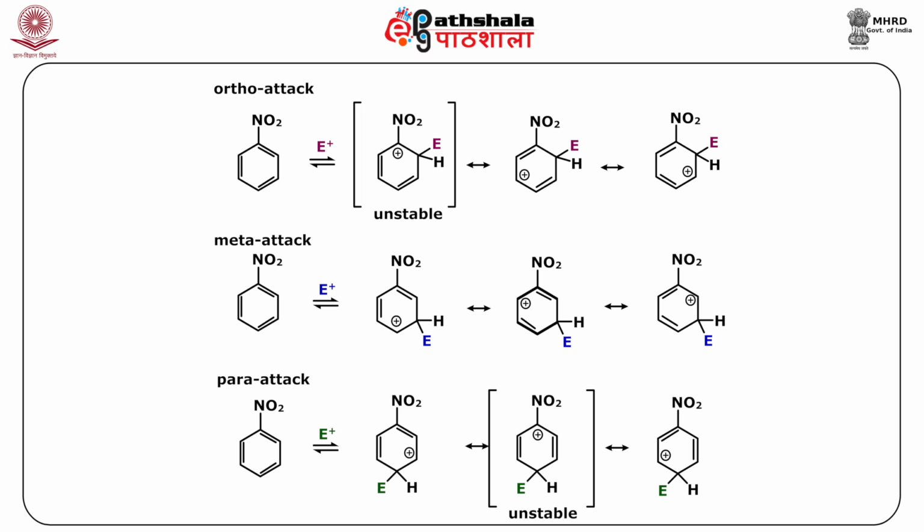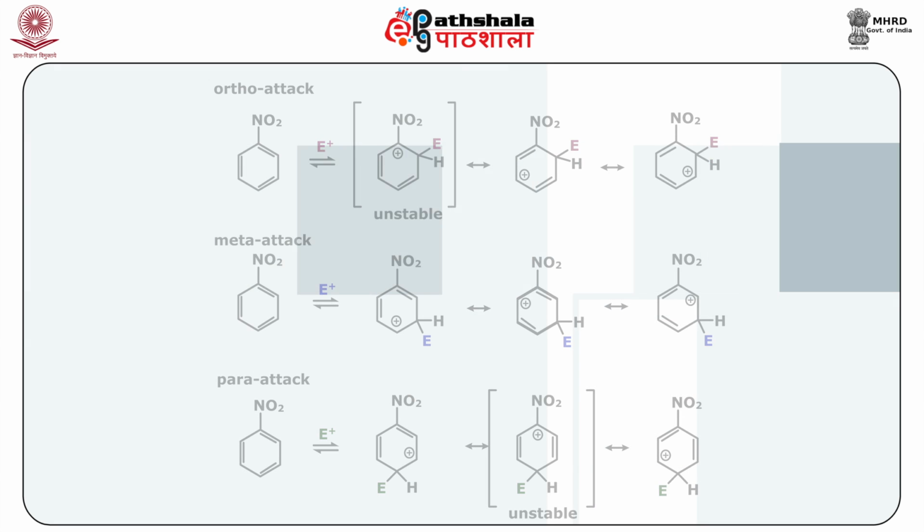Attack at the ortho and para position will lead to one canonical form wherein a positive charge is situated adjacent to the positively charged substituent, which is unfavorable electrostatically. Thus, ortho and para attacks are avoided, and meta attack is favored.